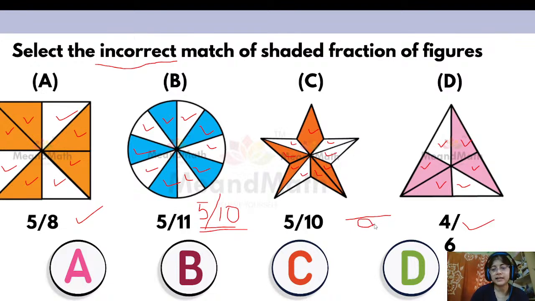Okay, so 9 is the denominator for this. And how many parts are colored? We have 1, 2, 3, 4, and 5. So 5 by 9 should have been the correct answer for this, right?